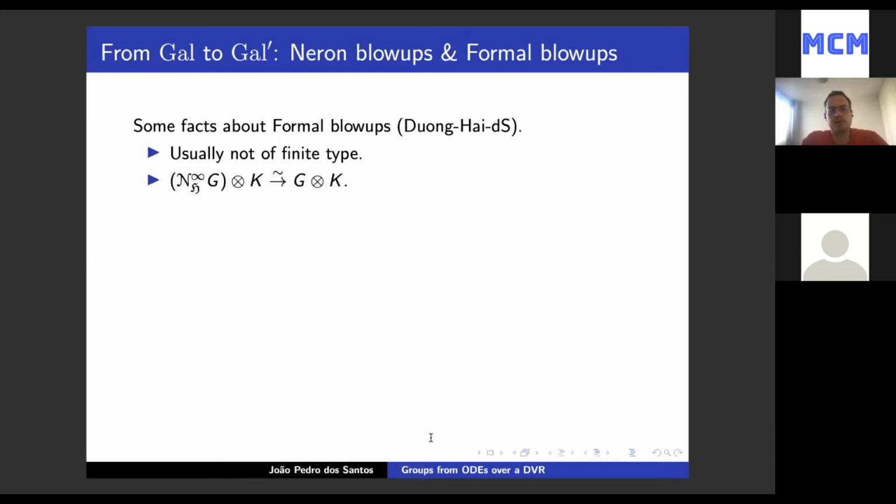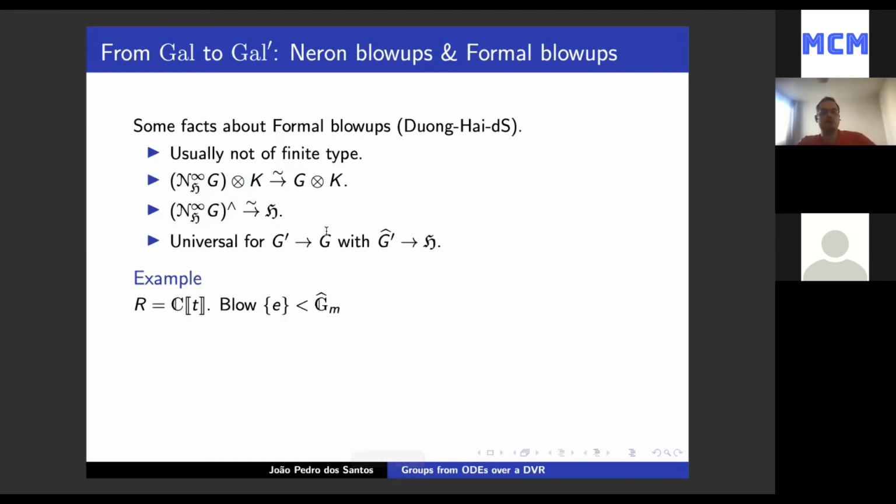It has the same generic fiber because you are joining just stuff which is rational. You're just dividing by T to get this out of this. And the most pleasing property is that their completion is the same. So when you complete this formal Néron blowup, you obtain just the formal group you started with. And it's also universal, the same as before.